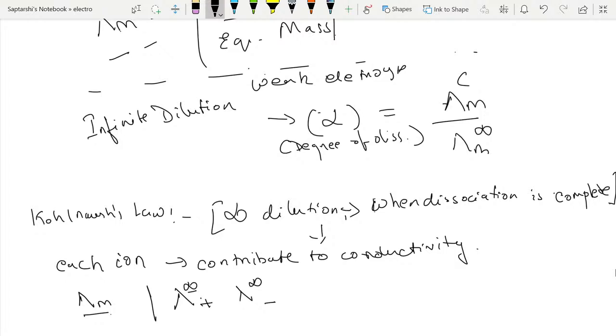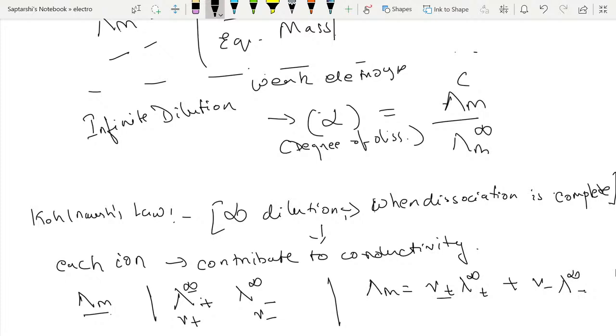There are V plus number of cations, and V minus number of anions. So our law says that the total molar conductivity will be equal to V plus lambda infinity plus, plus V minus lambda infinity minus.